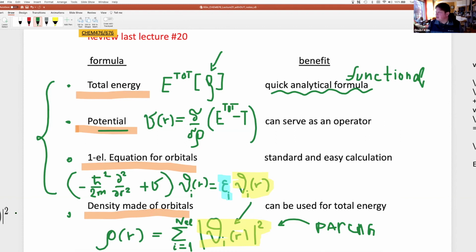Similarly to the Hartree-Fock theory, we are doing a map of the multi-electron problem onto a one-electron solution.